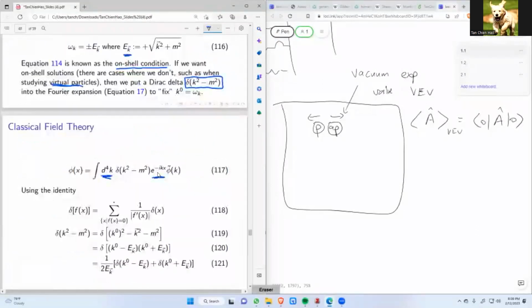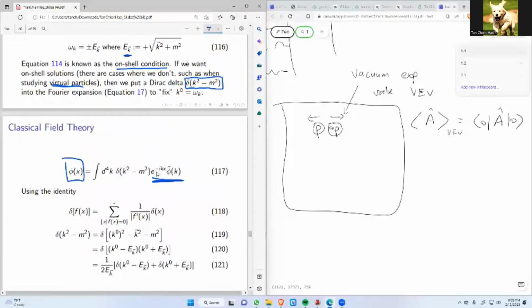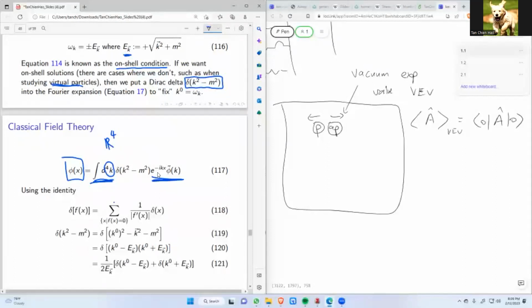our field expansion, meaning that previously we had this. We postulated that the fields can be expanded in terms of Fourier modes, just this term and this integral. But when we integrate over all four momentum, we're looking at the space of all values of the vector k, all R to the four values.